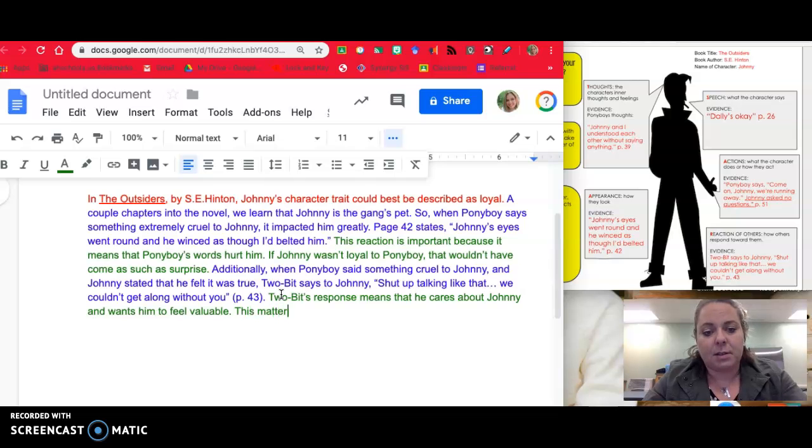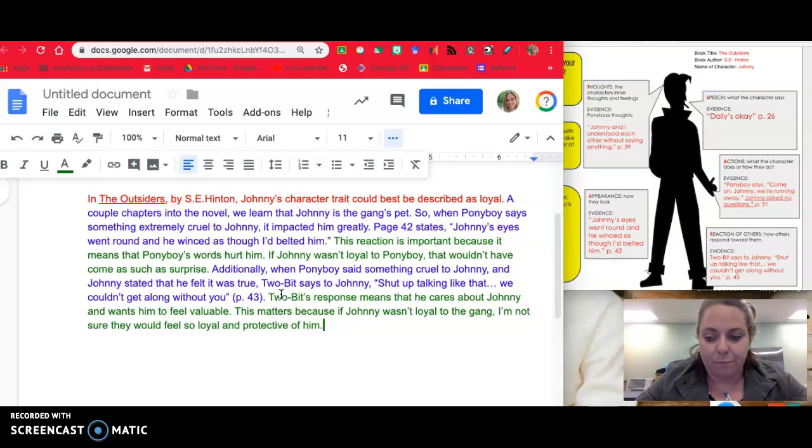This matters because if Johnny wasn't loyal to the gang, I'm not sure they would feel so loyal and protective of him. So now I've used 2 pieces of evidence to support one claim, and if I feel really awesome, I can keep going. I do have one more I want to put in, this action.